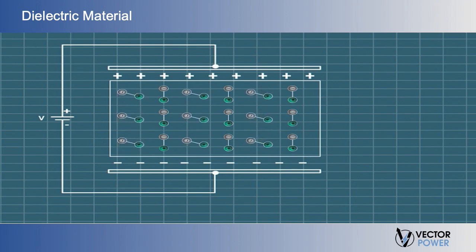When a dielectric is placed in an electric field, electric charges do not flow through the material as in a conductor, but only slightly shift from their average equilibrium positions, causing dielectric polarization. This produces an internal electric field, reducing the dielectric's overall electric field.